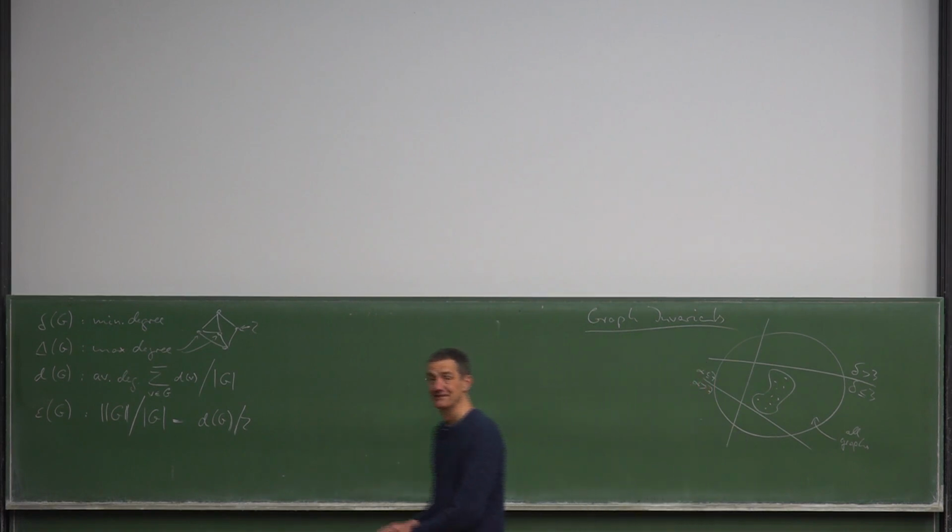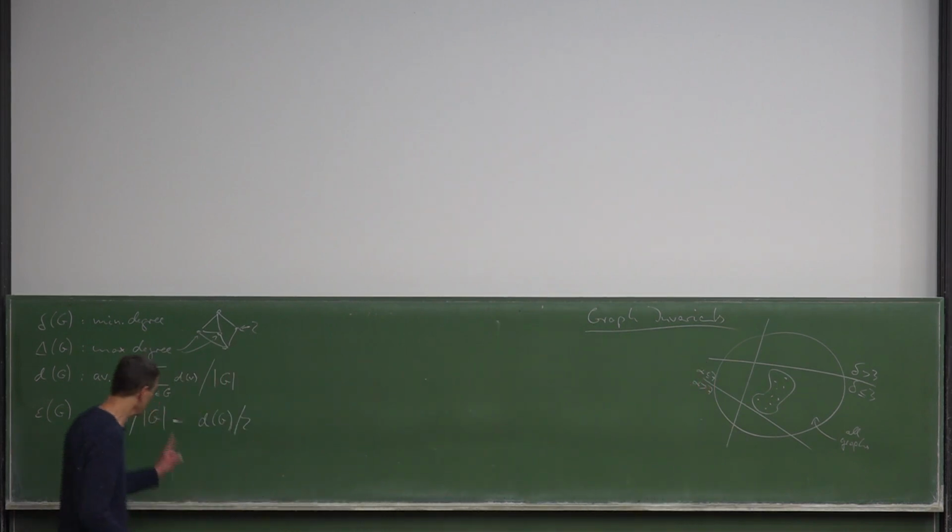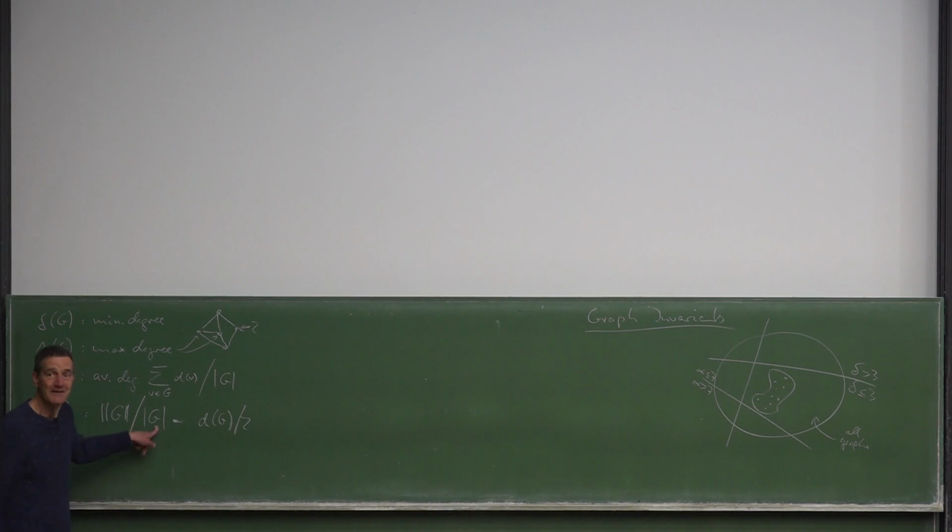Yes, yes. That's why I put my finger there and made the finger hover over this for a long time when I said this is the number of vertices of G. That's my notation for the number of vertices of G is mod G. That is indeed the same as the cardinality of the set V of G, by definition.